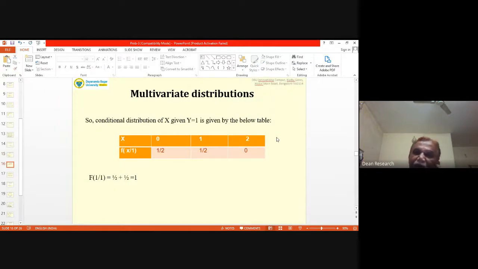It is over here. In fact, I have written the distribution as a conditional distribution of x given y is equal to 1.